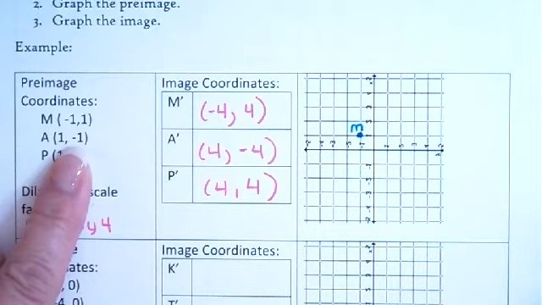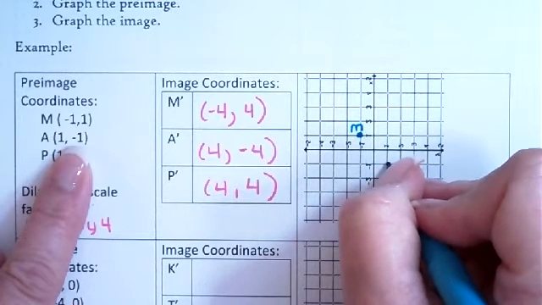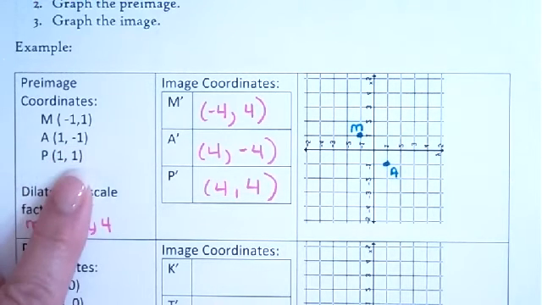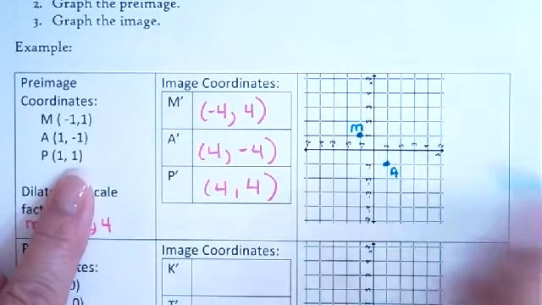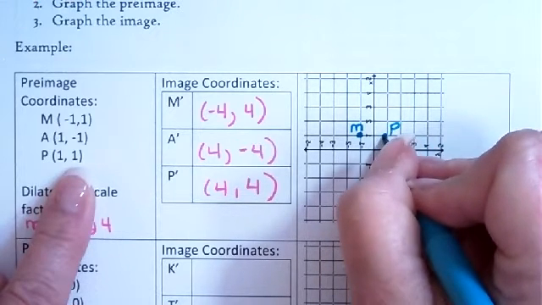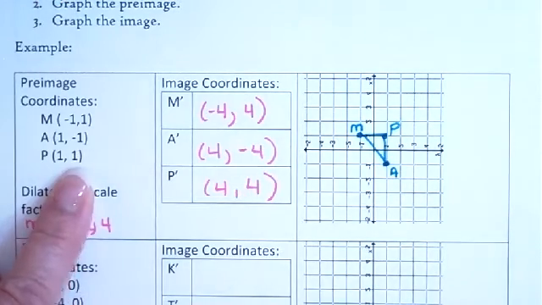A is at 1, negative 1, so A is right there. And then P is at 1, 1, so P is right there in quadrant 1. Connect my dots and make my triangle, okay?